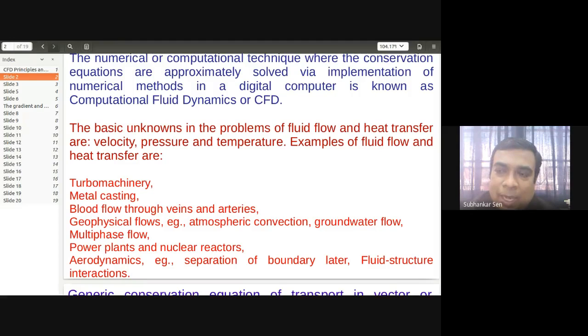The experimental approach is the oldest approach. In it, people used to make a model. Whatever is happening in nature, they tried to simulate it in a laboratory. An experimental setup is developed and the experiment is conducted to find the flow. In fluid dynamics problems, the unknowns are velocity, pressure, and temperature. We want their distribution.